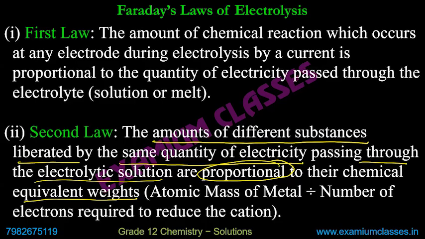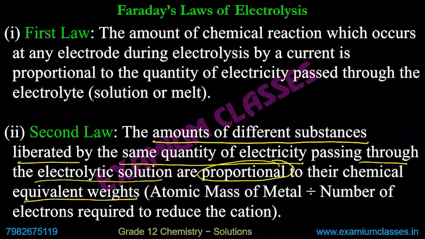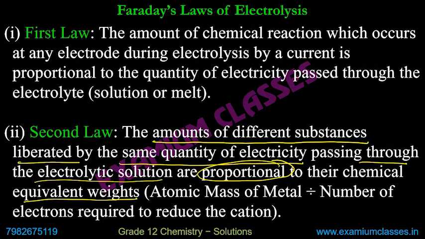If equivalent weight is more, more amount will be liberated; if equivalent weight is less, less amount will be liberated. Atomic mass is not considered here. Atomic mass might be higher, but equivalent weight can be lower.